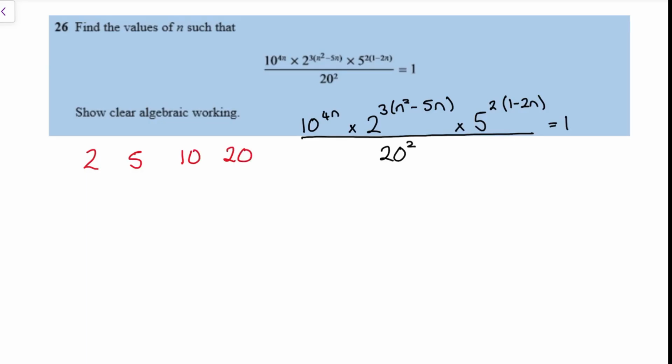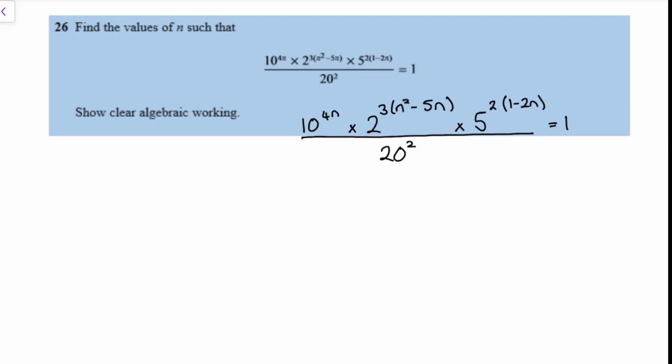While they don't all have the same base number, they do go to a mix of 2s and 5s. 10 is the same as 2 times 5, and 20 is the same as 2 times 2 times 5. And that's the property I'm going to use now.